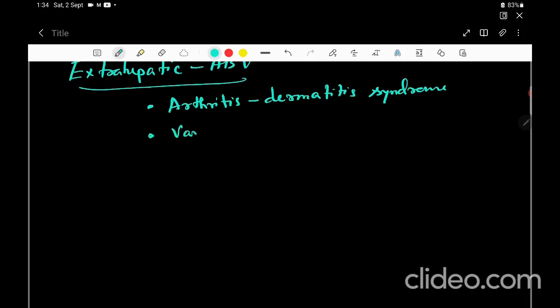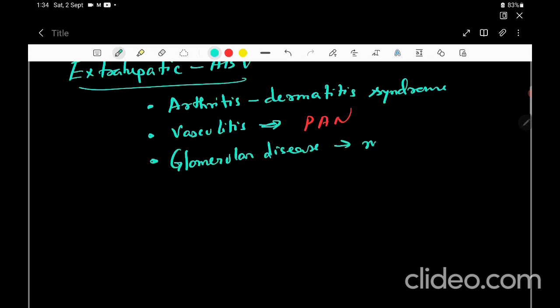There can be vasculitis, mostly polyarteritis nodosa, and there can be glomerular disease, mainly membranous.